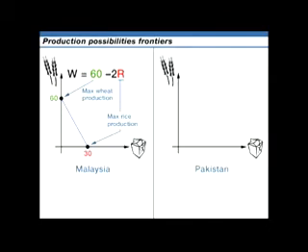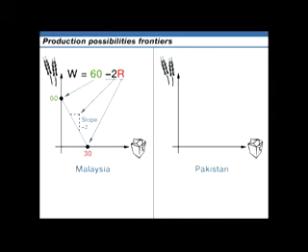If all workers are in rice, you get 30 units of rice produced. And the slope of this line is -2. That's the coefficient on rice in the formula. Anytime Malaysia wants to produce 1 more bushel of rice, it gives up 2 units of wheat. So the slope of this line is -2. And I'll go ahead and write that in. -2 is the slope of Malaysia's production possibilities frontier.